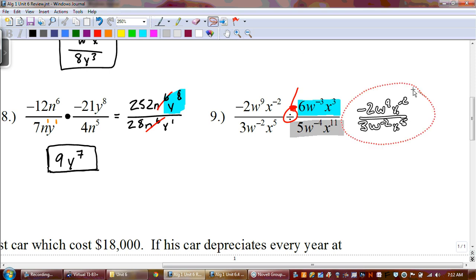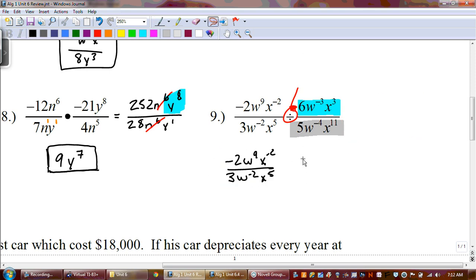I'm actually going to move this. Sorry that you guys can't do the same thing like that. Okay, so I'm going to make sure I'm flipping, so the gray is going to come on top and then the blue is going to go down to the bottom. So we have 5w to the negative 4 x to the 11th and 6w to the negative 3 x cubed.